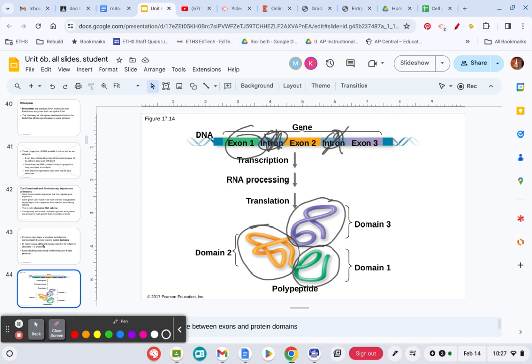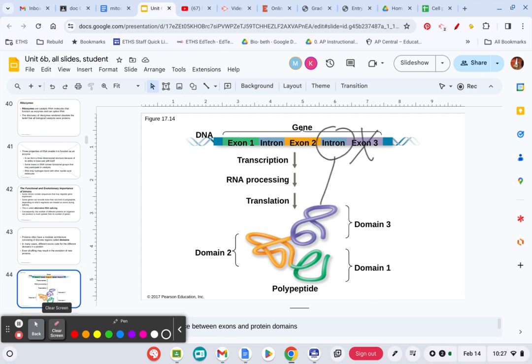But I could suddenly say, okay, well, let's take out the purple, and now I'm going to make this into my third exon, and that would give me a different shape, and that would give me a different protein. So it gives you a lot of flexibility with the same genetic sequence to give you a different protein depending on what you need.